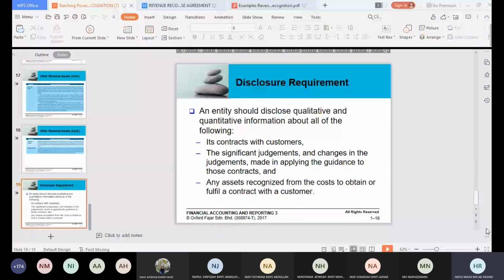So how would you recognize the cost to obtain or the cost to fulfill a contract with a customer? This is among the important information related to this MFRS 15. So I think that is what I have planned for today.